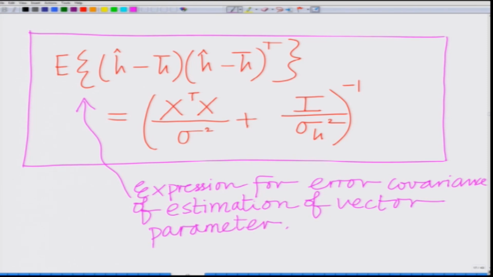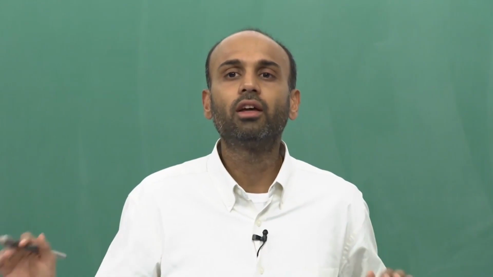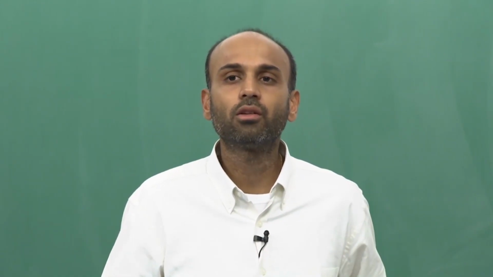That is, x transpose x divided by sigma square plus I divided by sigma h square, whole inverse. This is the error covariance for the estimation of a vector parameter.